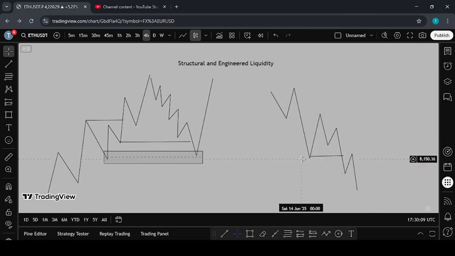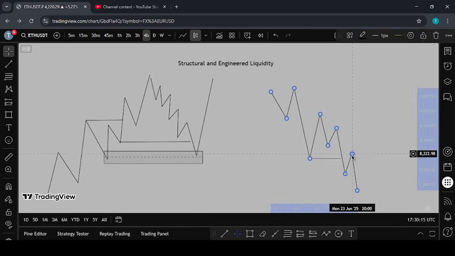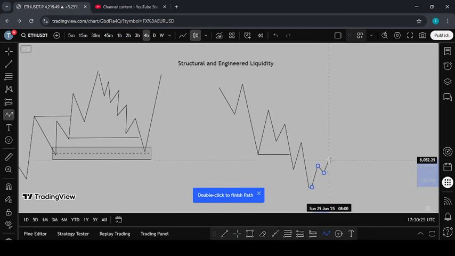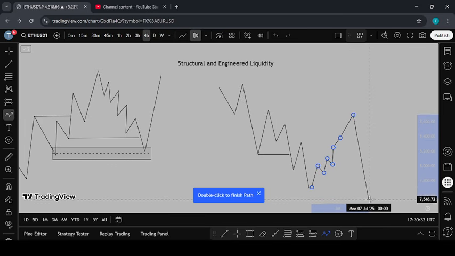Let me make it very neat so you guys can get it clearly. Then all of a sudden market still retrace into this low and sells, right? So once you see something like this, if market is retracing back up, it usually uses this high as a structural liquidity, taps into this region, then sells.